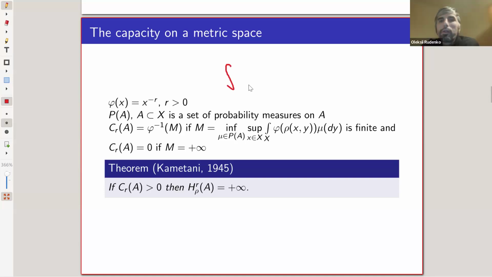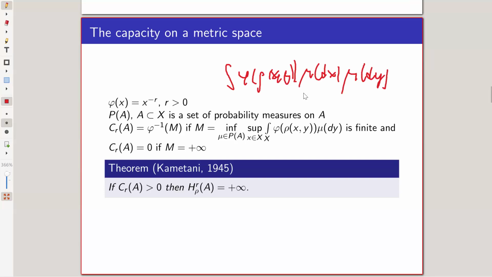Yes, it is of course all related, and there is another definition. So here, if instead of this I use this, I can also define capacity. This will be a slightly different capacity.